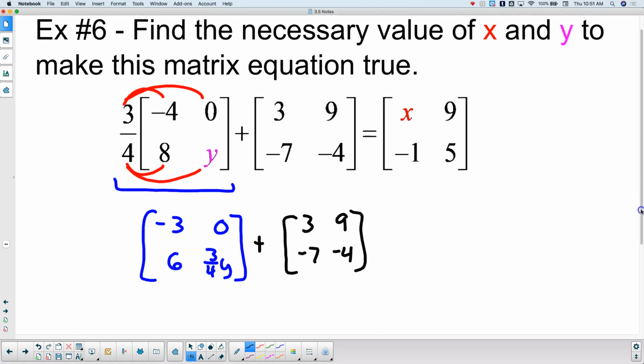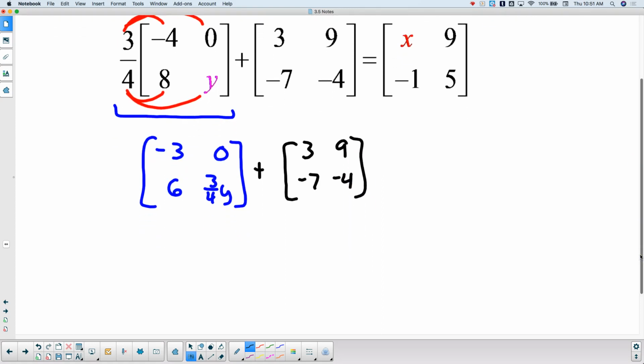And so the left side would then become -3 plus 3 is 0. 0 plus 9 is 9. 6 plus -7 is -1. And 3/4 y plus -4 is 3/4 y minus 4.